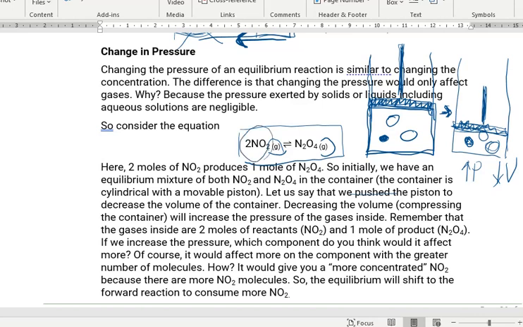So, in this case, it's like we are adding more of NO2 compared to N2O4. Of course, I mean not adding, but we are still making the concentration of N2O4 higher. But we are making the increase in concentration bigger for NO2, because there is more NO2 to begin with. We have 2 moles of NO2 compared to N2O4.